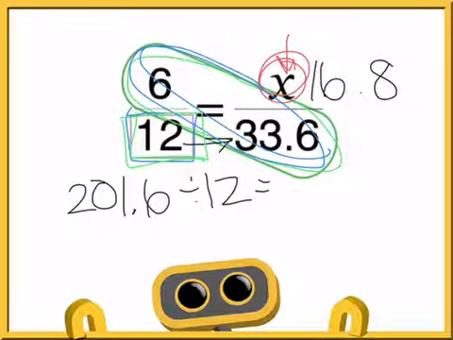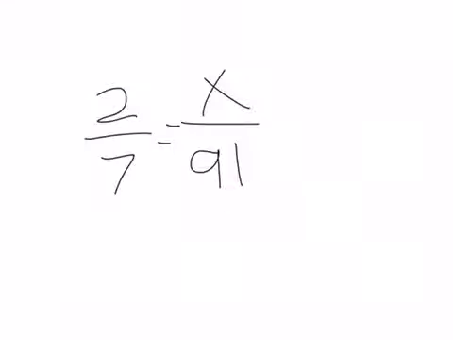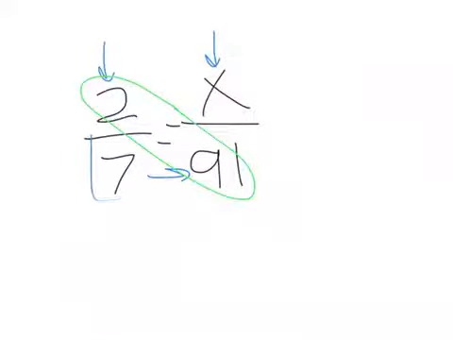We're going to do one that has a little bit easier math now, just so you can see that it really does work. So looking at this example here, I see my ratio as 2 to 7 is equal to x over 91. Well, I'm not sure 7 times what number equals 91. I'm not sure what factor I'm increasing by here. So instead of doing that method, I'm going to use my cross multiply and divide method.